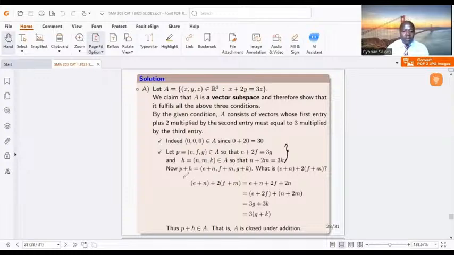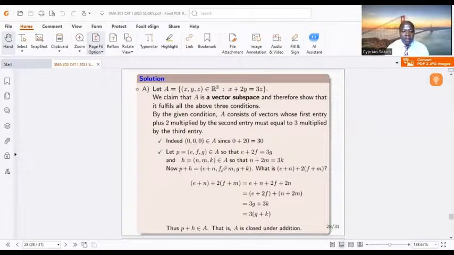So now I want to confirm whether P plus H would be a member of A. What is P plus H? I just add the respective elements: E plus N, F plus M, G plus K. That's what I did.